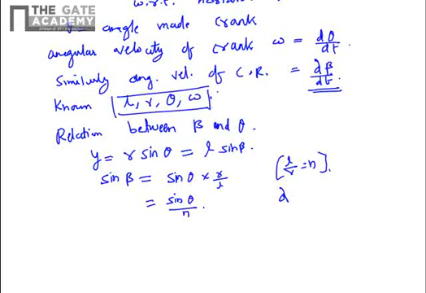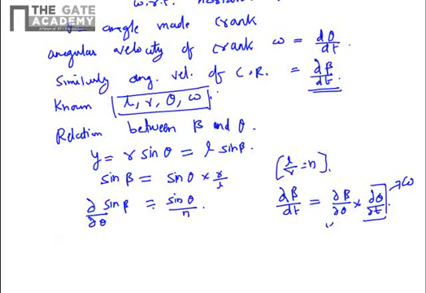Now when you want to find d beta by dt, you can take the partial derivative of beta with respect to theta and then multiply by the derivative of theta with respect to time. We are doing this because we know d theta by dt is omega, the angular velocity of the crank. So we just need to determine d beta by d theta. We differentiate both sides of this expression with respect to theta.